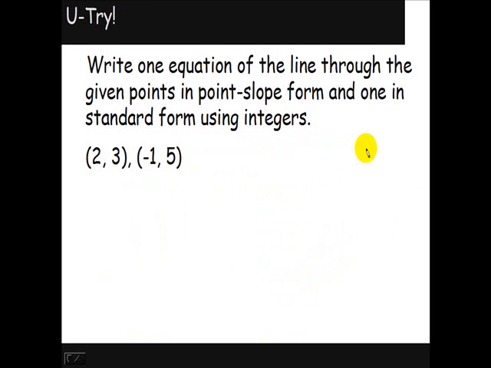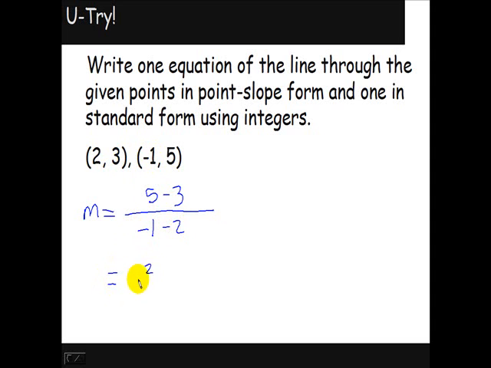Here's one for you to try. Go ahead and give this a try. And when you're ready to check your answer, press play. Alright, here we go. Slope. Second y minus first y: 5 minus 3. Second x minus first x: negative 1 minus 2. Numerator is going to give me 2.